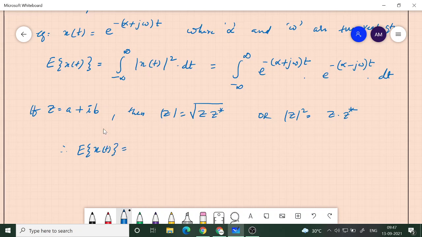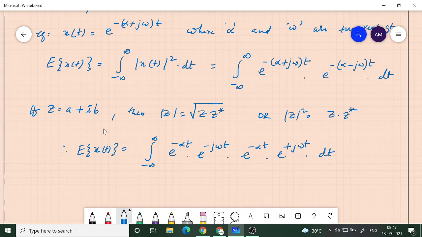So the energy of x of t is the integral from minus infinity to plus infinity. Let us list the terms: e raised to minus alpha t into e raised to minus j omega t into e raised to minus alpha t into e raised to plus j omega t into dt.